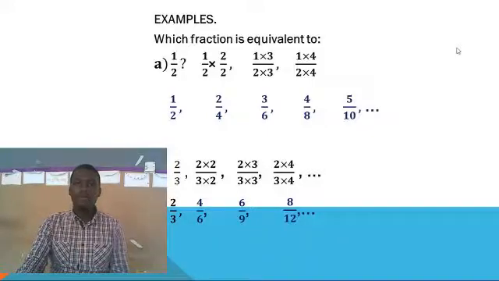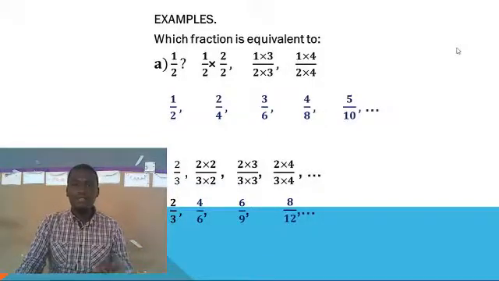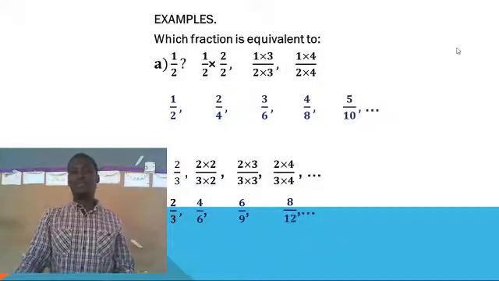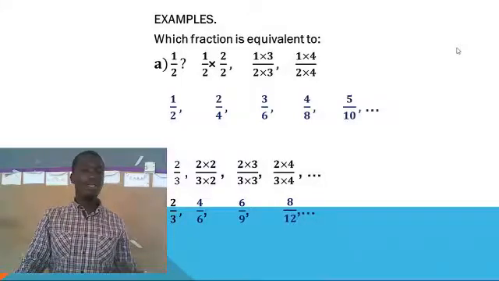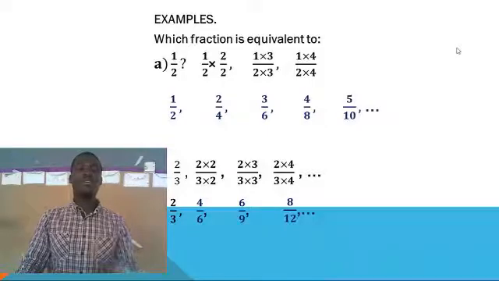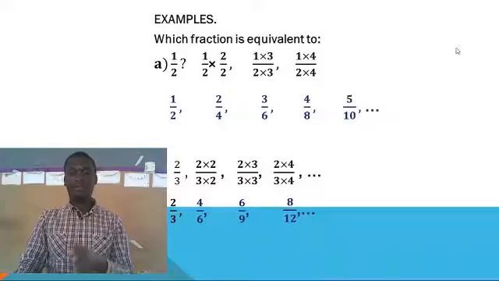You see it there. We have 2 out of 3, 4 out of 6, 6 out of 9, 8 out of 12. How do we get that? Look at it very well. When you simplify those fractions, they will come back to 2/3. When I divide 4 by 2, I'll get 2; 6 by 2, 3; 6 by 3, 2; 9 by 3, 3.